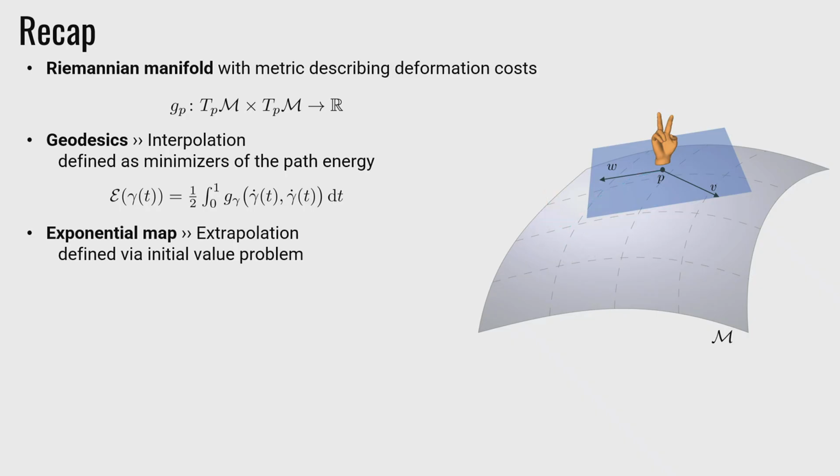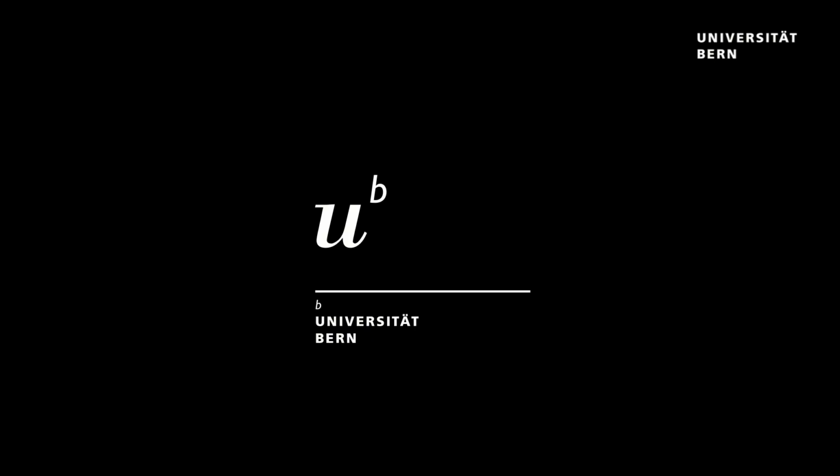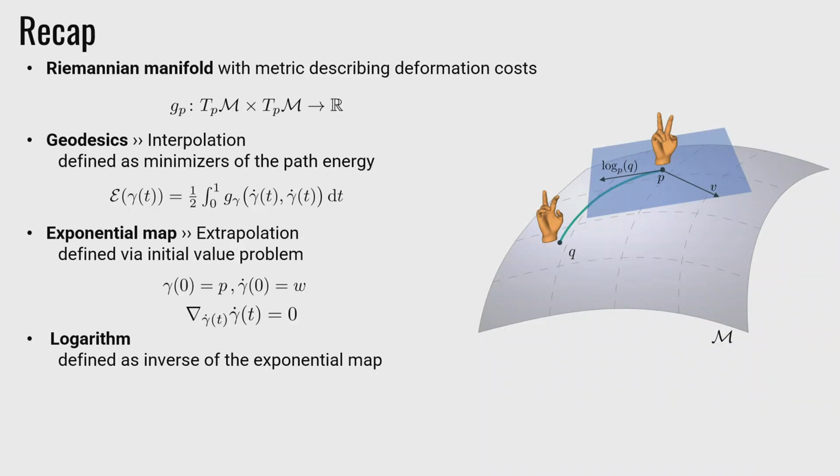And just reformulating and using a property of the geodesic, we can also reformulate this in an initial value problem, where now you start at P, you have a direction W, and you want to compute where you end. And the logarithm gives you a way to find a direction that brings you from P to Q.